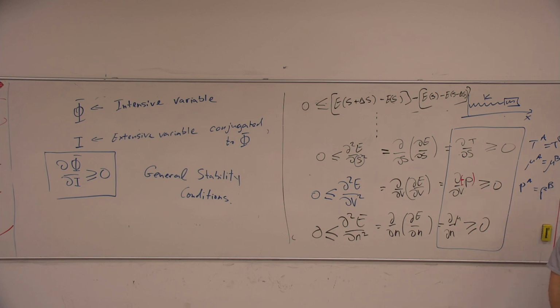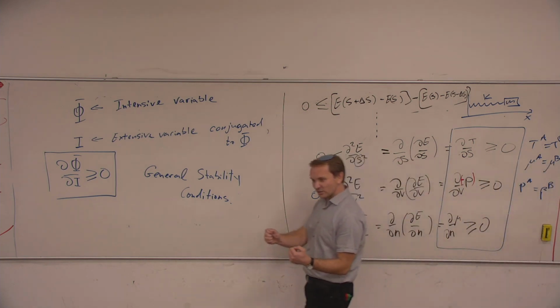Conjugated זה אומר המשתנה של? המצומד. Quick question: איך אני יודע בעצם מה הפרמטר המצומד שלי כל פעם? This is the Legendre transformation that we have.